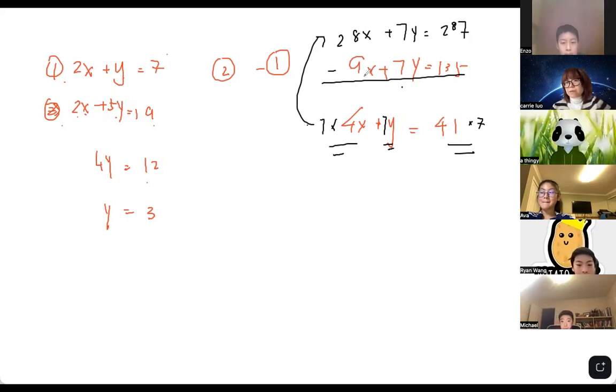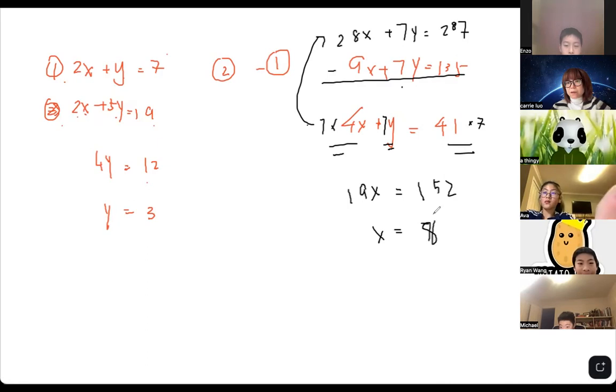Okay, so 28x minus 9x equals 19x. So 7y minus 7y, there's no y. And 287 minus 135 equals 152. Get it? Okay, so x equals what? x equals 8, sorry.